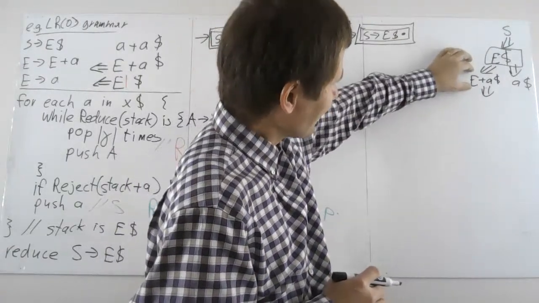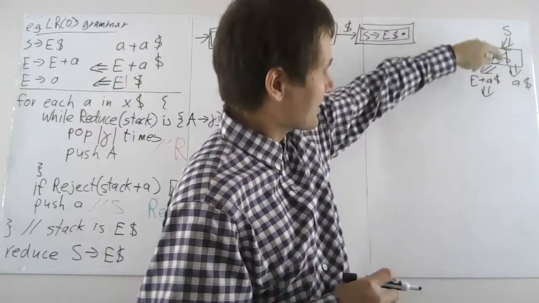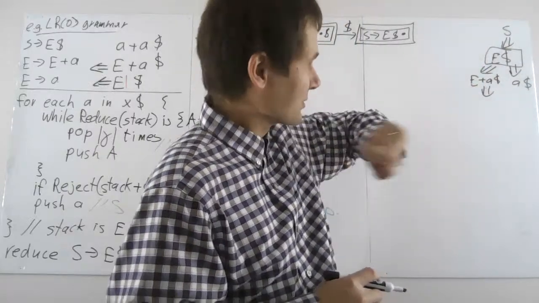But now I've got two ways that this sentential form can derive other sentential forms, right?